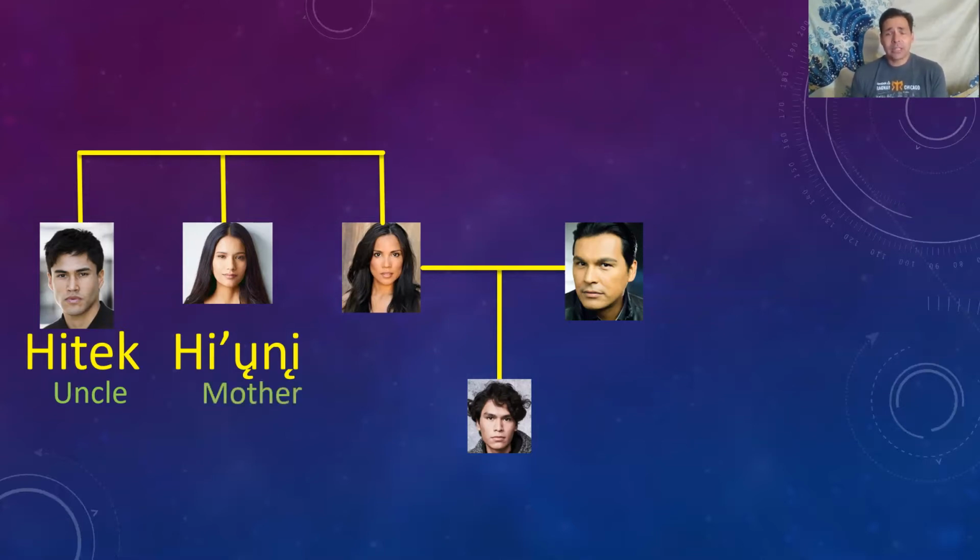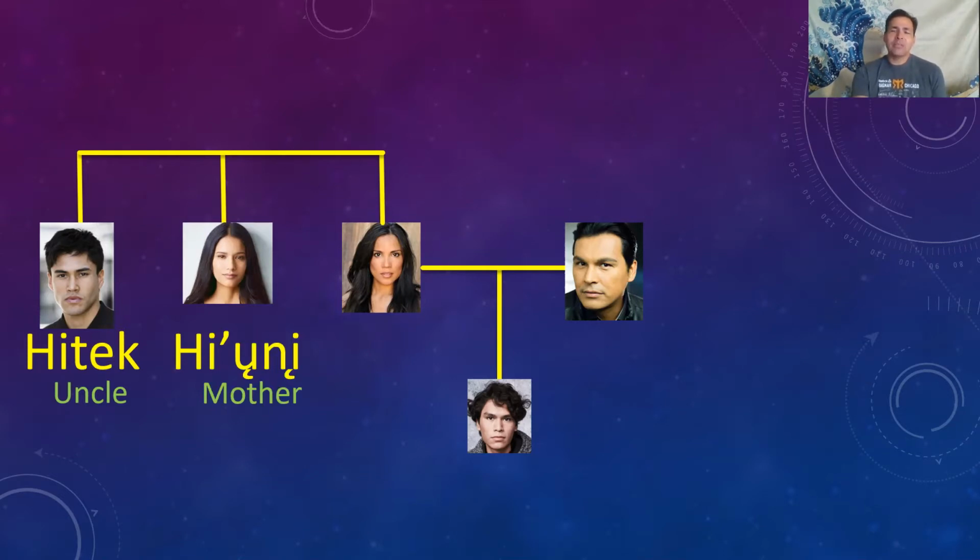And that is correct. So the way in Ho-Chunk, and this is again very different than how we reckon kinship in the English speaking world, Hiuni, mother, your mother's sisters are also your mothers. Okay. So once again, just real quick, your mother's brother is called Hideg, your uncle, but your mother's sisters are all called Hiuni. Those are also your mothers.